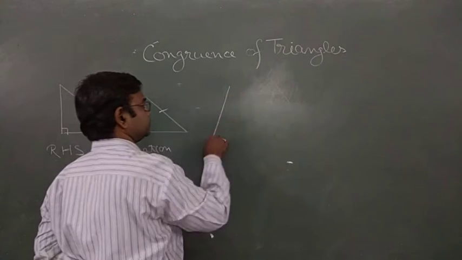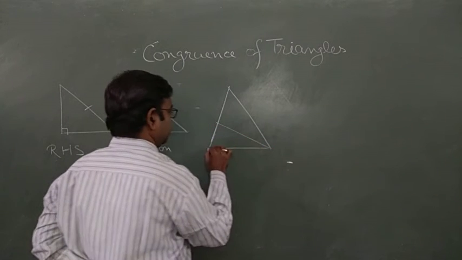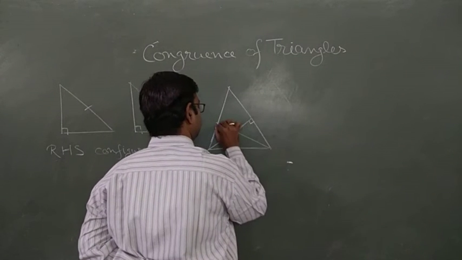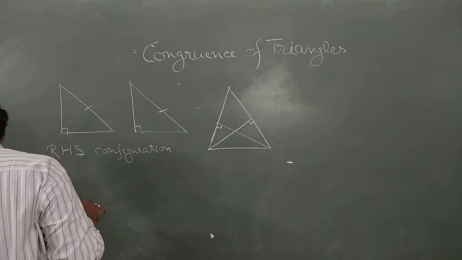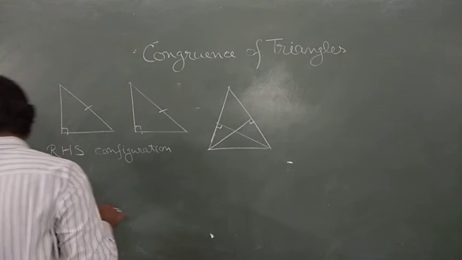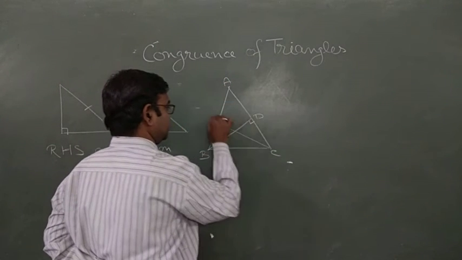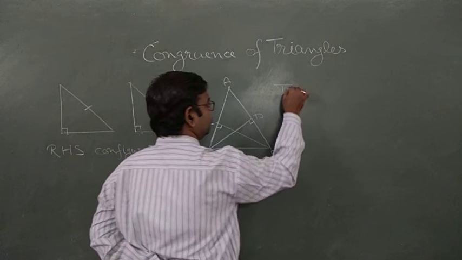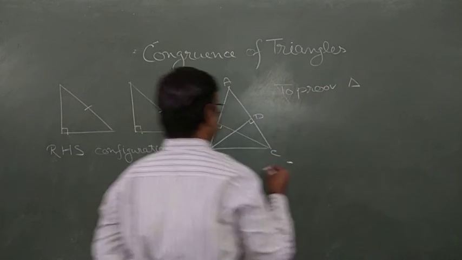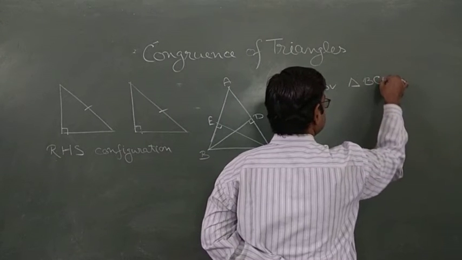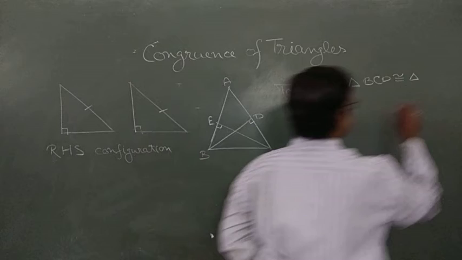There is a triangle. In this triangle there is a perpendicular and there is a perpendicular. These two are perpendicular from the opposite vertex. The question says to prove triangle BCD is congruent to triangle BCE.